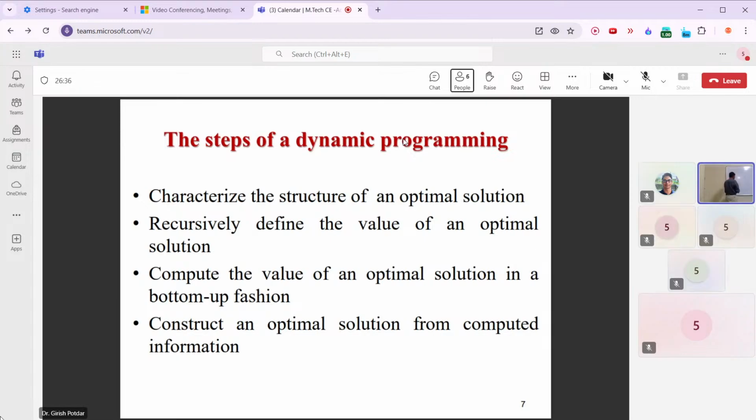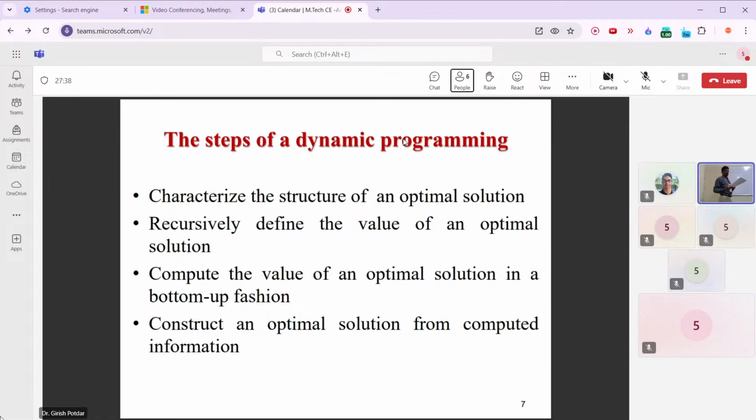Now, the optimality principle says that the sequence of decisions D1, D2, and so on up to Dn, these decisions emerging out of the sub-problems S1 to Sn, is said to be optimal if the last k decisions are optimal.